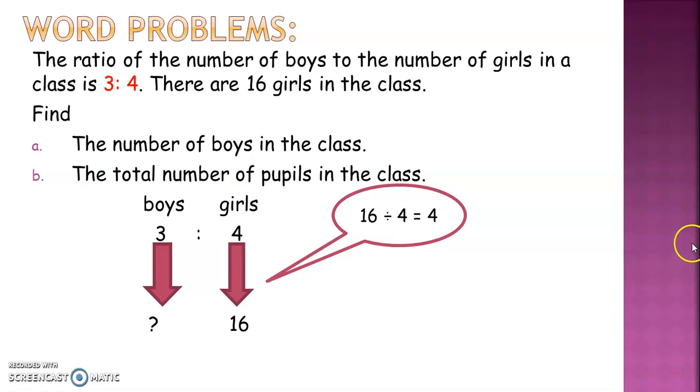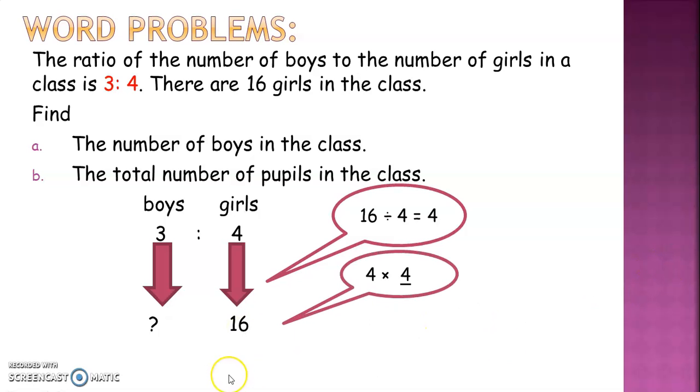There are two methods, so you can apply any one. 4, 16. You can divide 16 by 4 to find the number which is multiplied with this ratio. So 16 divided by 4, its answer is 4. It means 4 is the number that is multiplied with 4 and its answer is 16.